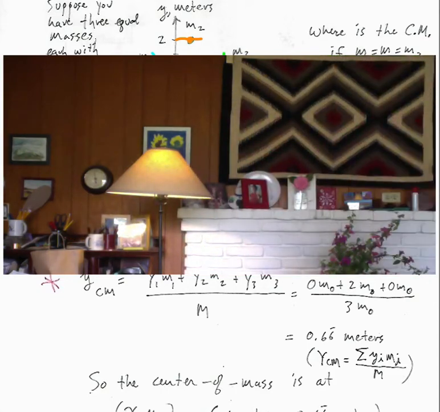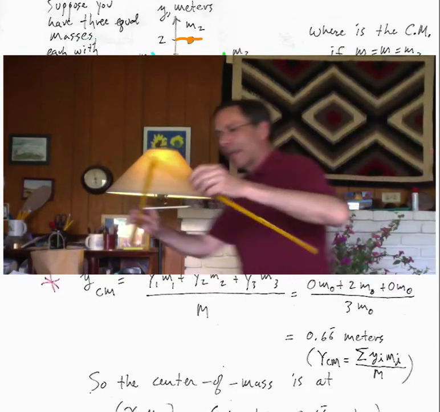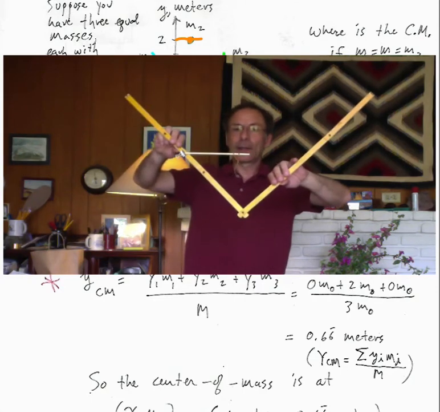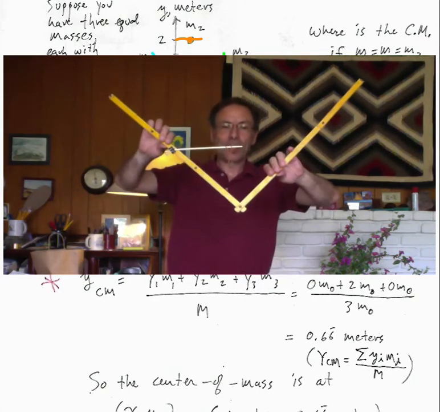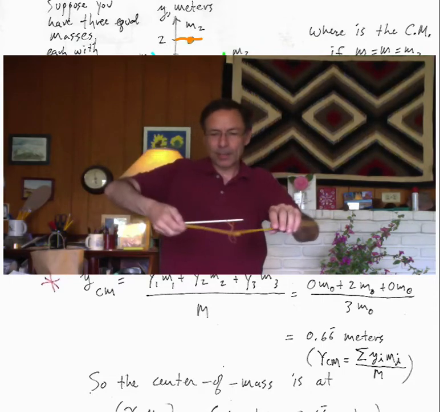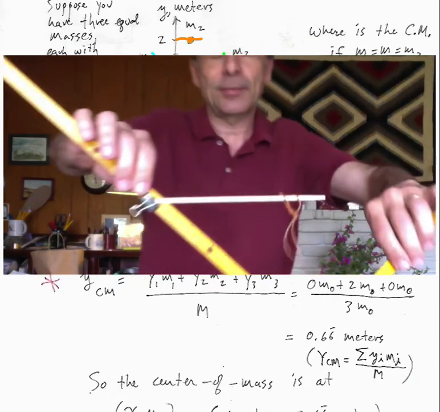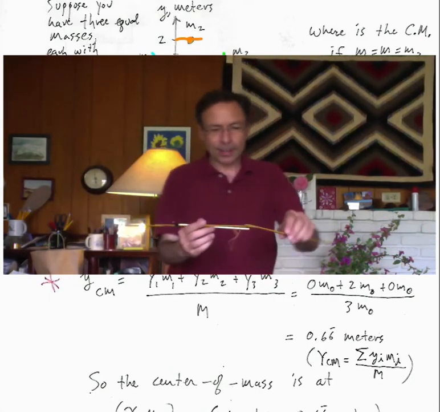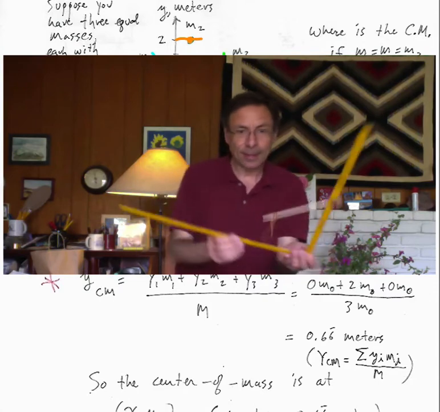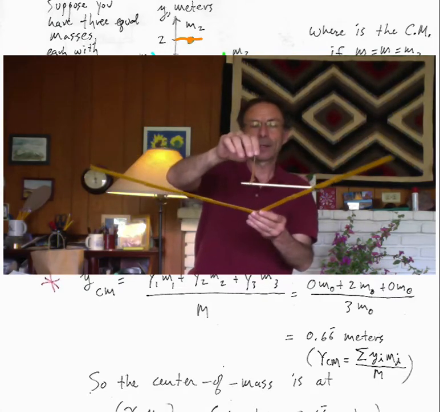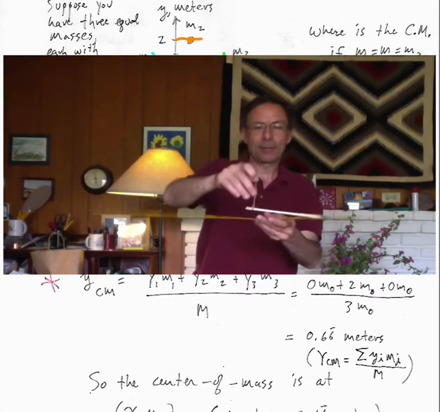I happen to have two of these meter sticks. And what I've done is I've made a little contraption here where I can hold this meter stick right by the center of mass. I've got a little chopstick here and a rubber band, and the rubber band is going to be at the center of mass. So here we go. Let's see if we can get this to work. This may be a little fussy.